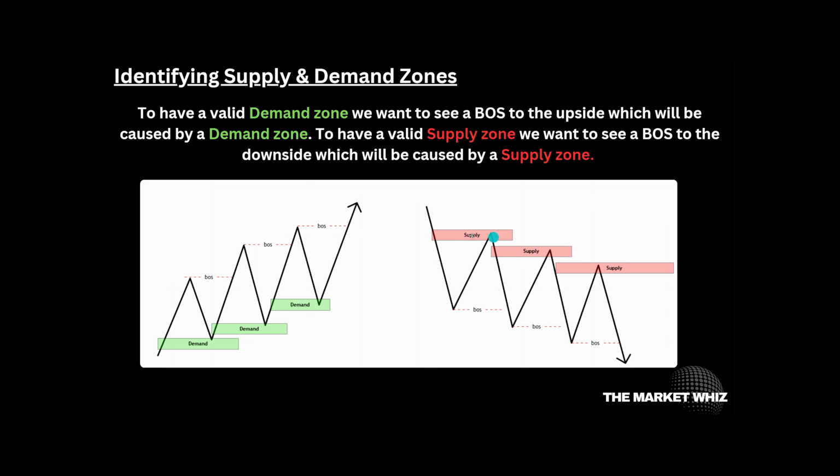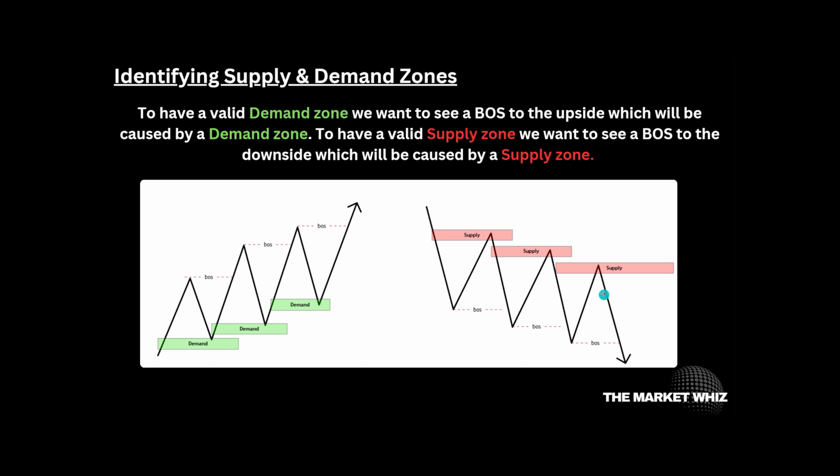The same goes for supply. How do you know this is a valid supply area? Look for where we have an increase of selling pressure. What did we get straight after that supply? A break of structure, break of structure, break of structure.